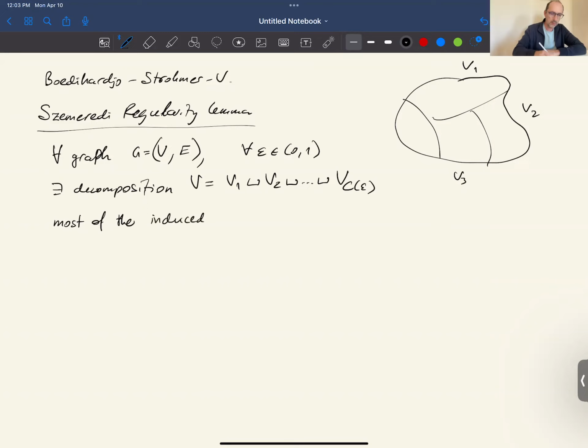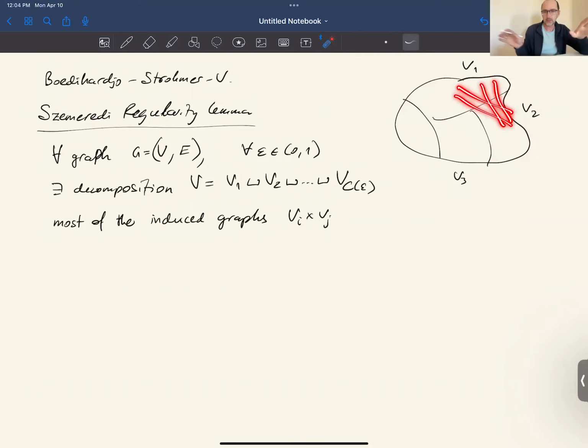And that means that the induced graphs on any pair, V_i, V_j, are almost pseudo-random. For induced graphs, you just look at V1 and V2, and just look at the edges that cross from V1 to V2. Okay, bipartite graph. So they are almost epsilon pseudo-random.